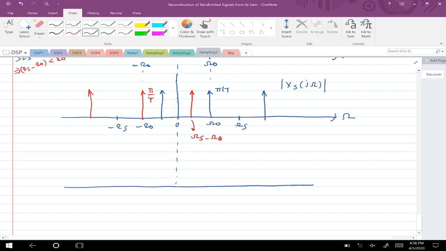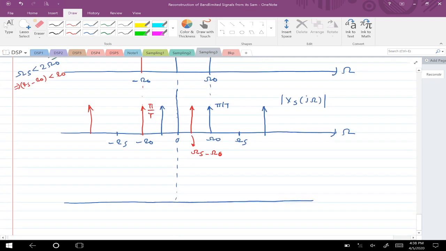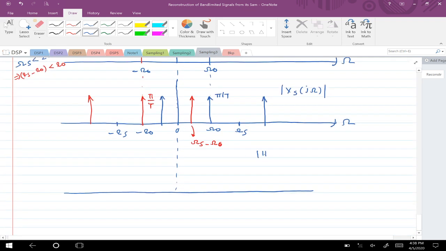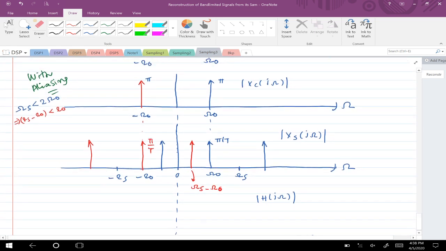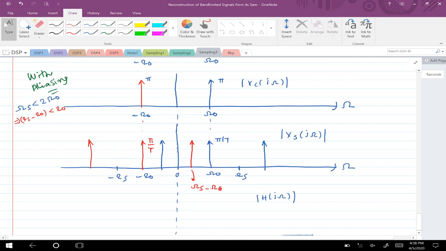Right, now what I am going to draw is the magnitude of H of j omega. Where will the filter have its cutoff? That filter will have omega s by 2 as the cutoff frequency. So you could say from here that omega s by 2 will also be less than omega naught.